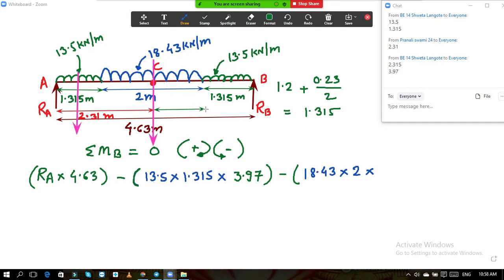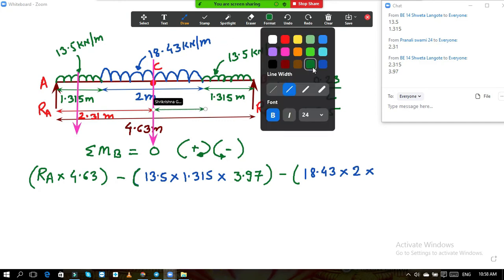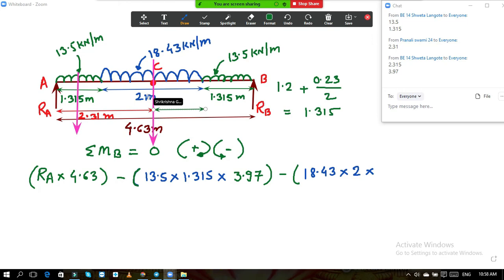You know that if this total is 2 meter, then this must be 1 meter as it is acting at the center. So your lever arm will be 2.315.